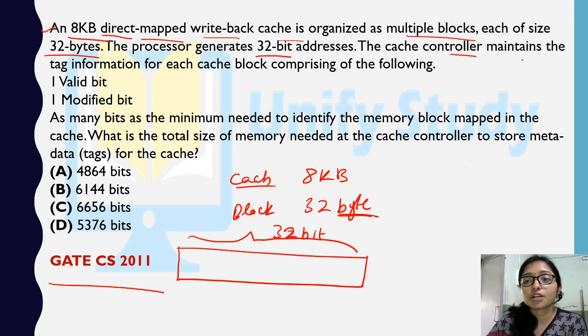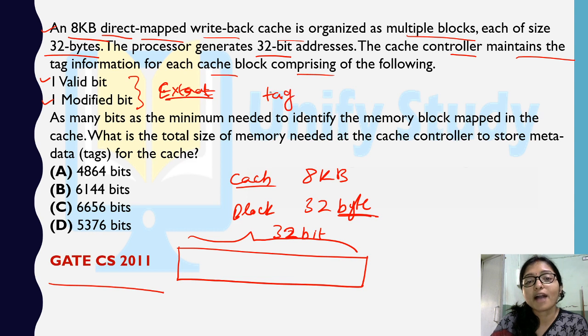Now the cache controller contains tag information for each cache block, comprising one valid bit and one modified bit. These are the extra bits. If in the question extra bits are mentioned, then you have to add these extra bits to the tag bits. That means first you have to calculate how many bits are required for the tag, then you have to add the extra bits mentioned in the question.